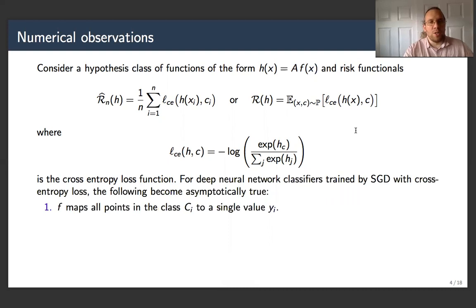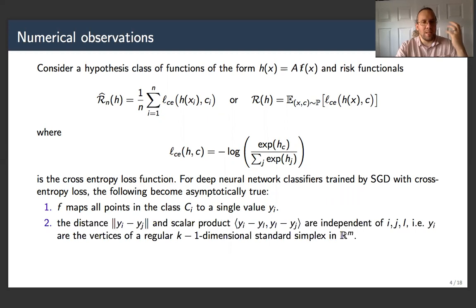Now, for deep neural network classifiers that were trained by stochastic gradient descent with precisely this kind of loss functional, the following empirical observations were made. One, f maps all points with the same label to a single value. So in the penultimate layer, all points in the same class will collapse to a single point. Two, the distance between the points corresponding to class i and j did not depend on i and j.